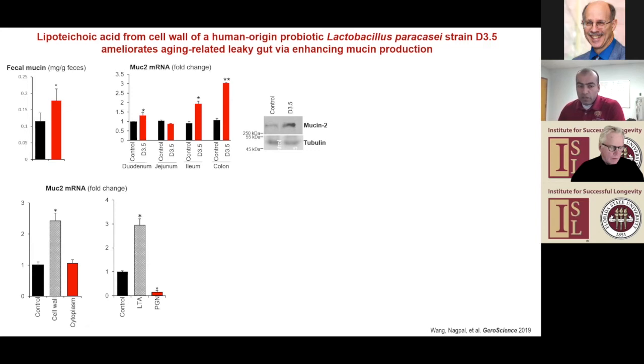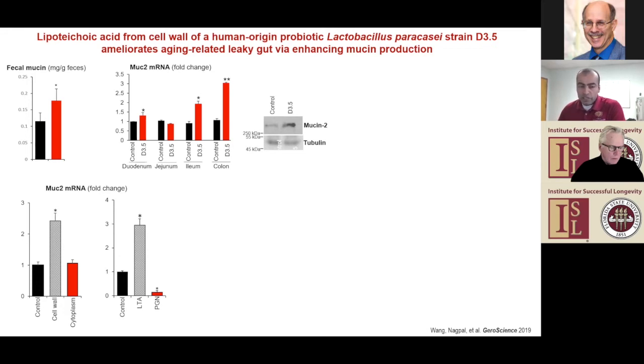And then what we did was we heat killed the bacterium and then fractionated it into cell wall and cytoplasm to identify which factor of the bacteria is involved in this action. And we found that even in the heat killed form, the bacteria was able to increase the expression of MUC2. And not the cytoplasm, but the cell wall component was the one that actually increased MUC2 expression.